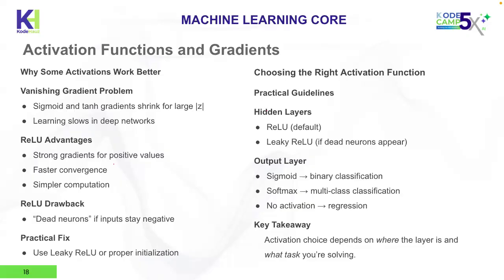So there's a point where the gradient is not continuous. That is another problem, which we'll talk about later on. The other drawback is what we call dead neurons. If the inputs continue to stay negative, that means the output will always be 0. So all the neurons will always be having 0 values.